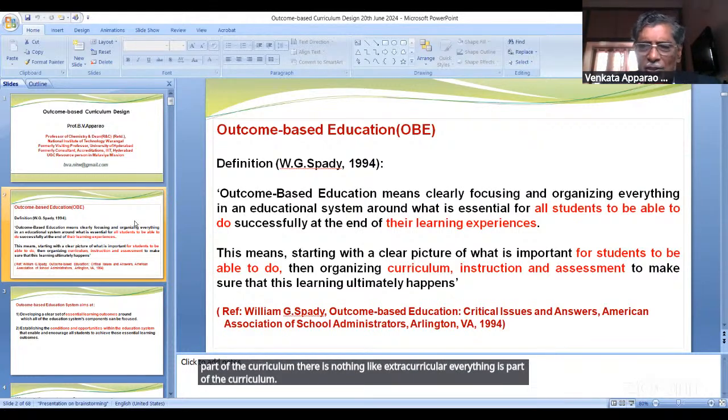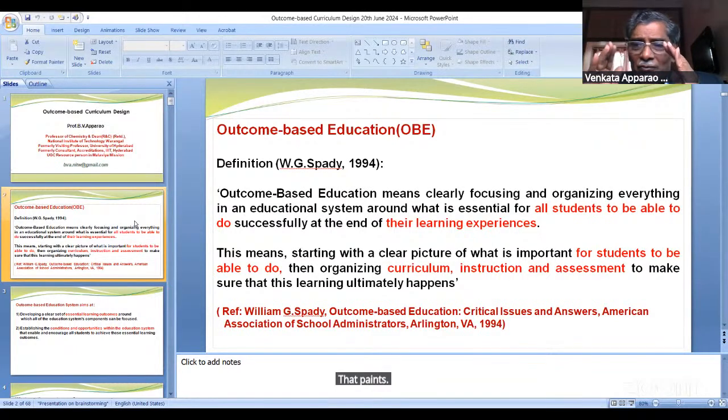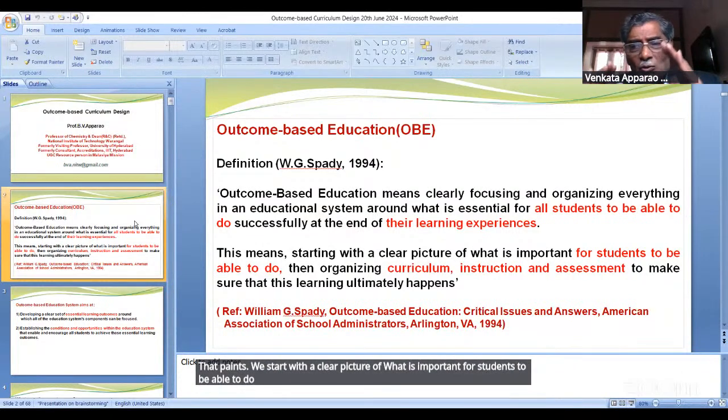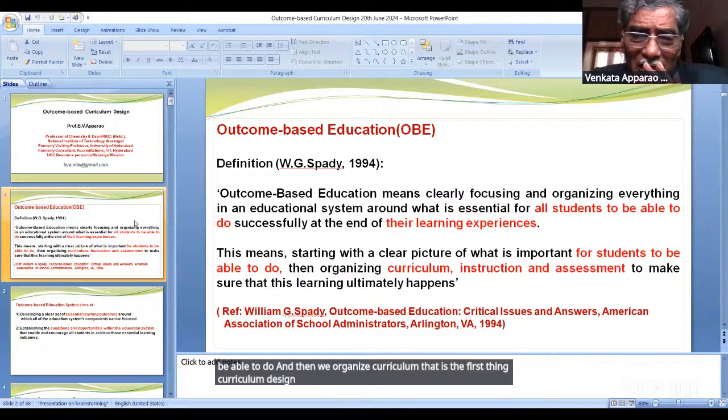That means we start with a clear picture of what is important for students to be able to do, and then we organize curriculum. That is the first thing, curriculum design. Then we organize instruction, that is our teaching learning strategies.